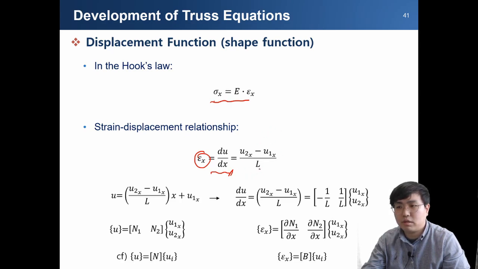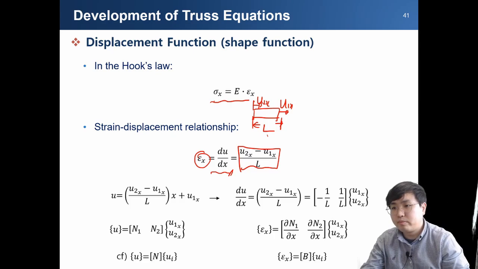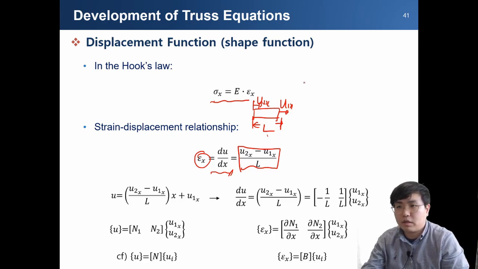So the total elongation is the difference between u1 and u2, and the initial length is L, so the strain can be expressed like this. So anyway, let's go back to our previous slide.